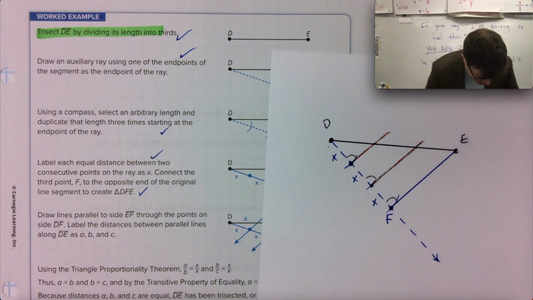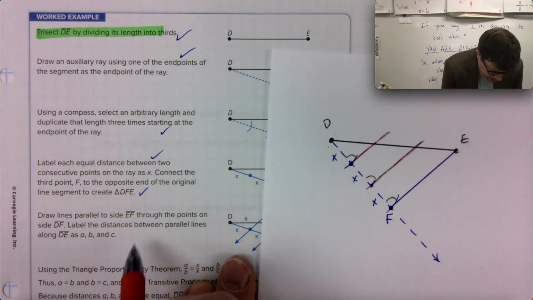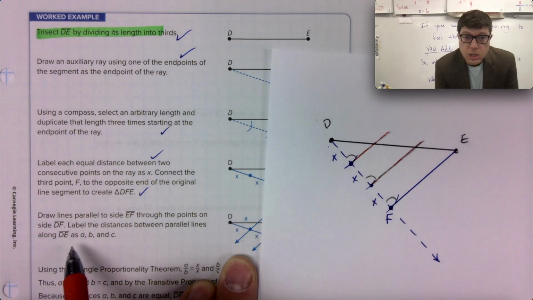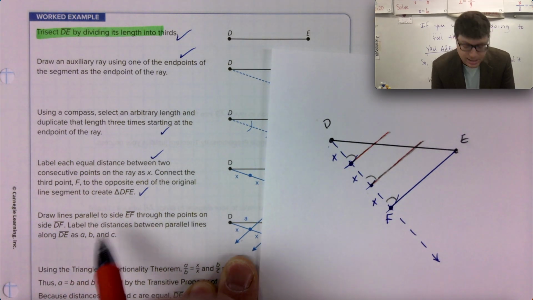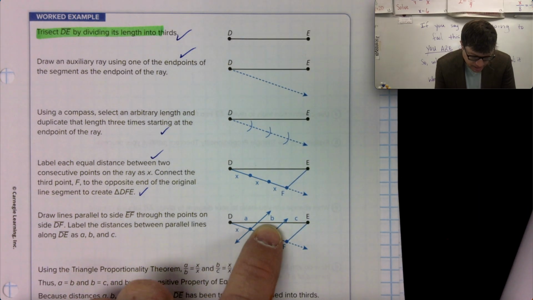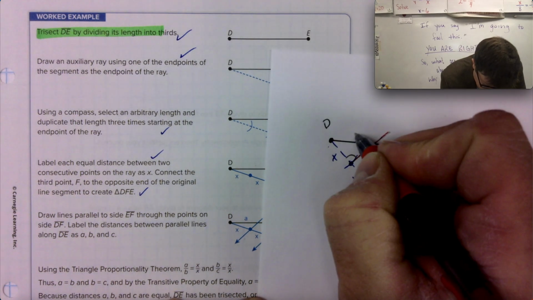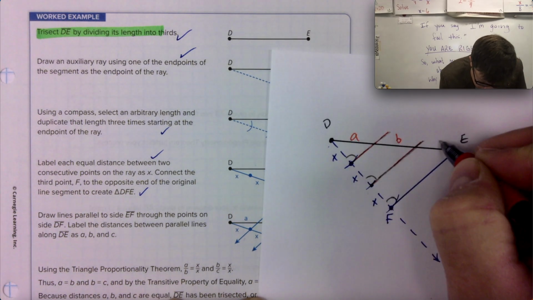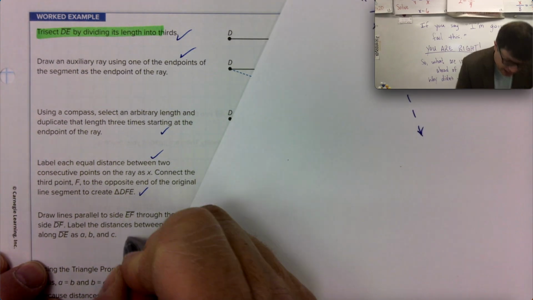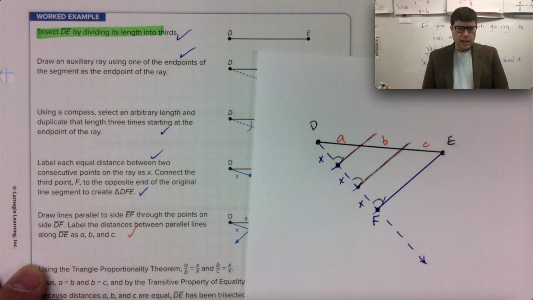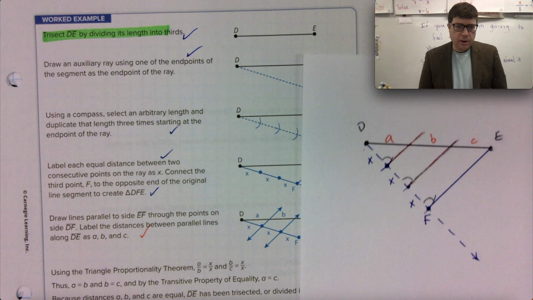And then label the distances between parallel lines along DE as A, B, and C. Like A, B, and C. Okay, so this is A, this is B, this is C. Check. Okay, use the triangle proportionality theorem.